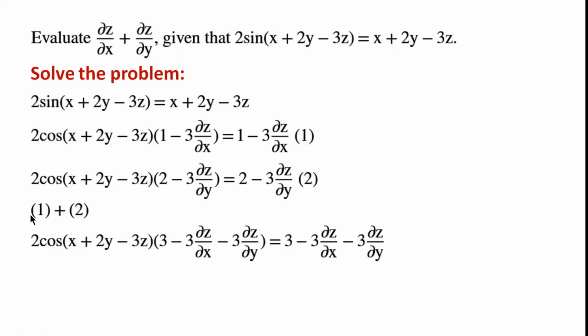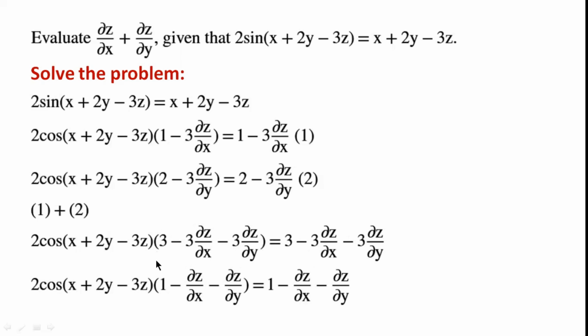By summing 1 and 2, we can now write 2 cos(x + 2y − 3z) times (3 − 3 ∂z/∂x − 3 ∂z/∂y) equals 3 − 3 ∂z/∂x − 3 ∂z/∂y.